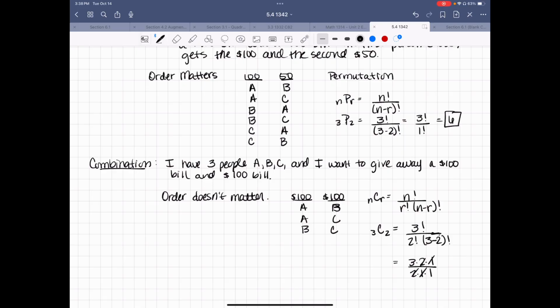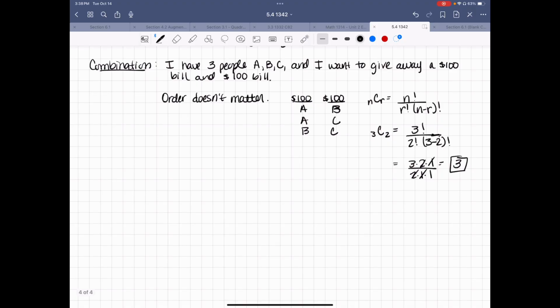So the 2's and some 1's go away. It leaves me with just 3. Order didn't matter there. The 2 I drew both got a $100 bill, so it didn't matter if I drew you first or I drew you second. Let's look at example 8.